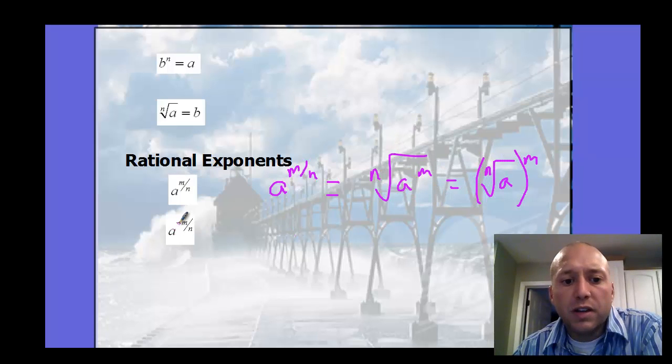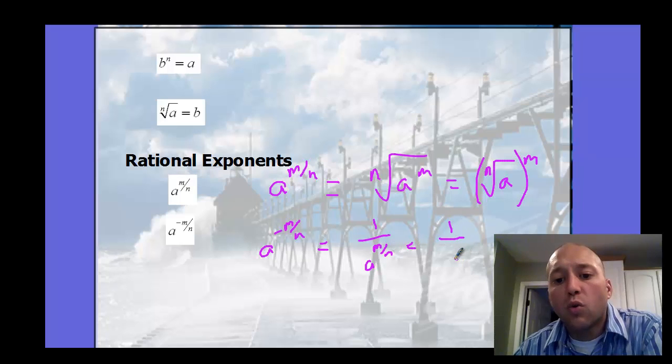And we can do something with a negative exponent here, so a to the negative m over n. Recall that to get rid of the negative exponent, we put the whole thing in the denominator. So 1 over a to the m over n, which would be the same as 1 over the nth root of a to the mth. Then we can start getting the radical out of the basement, out of the denominator, once we have values.